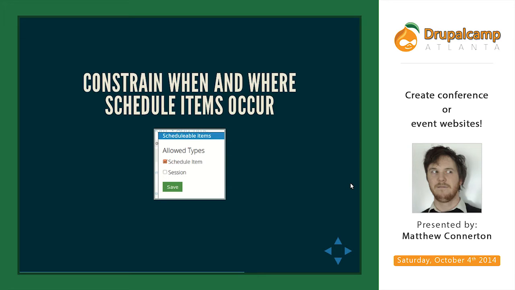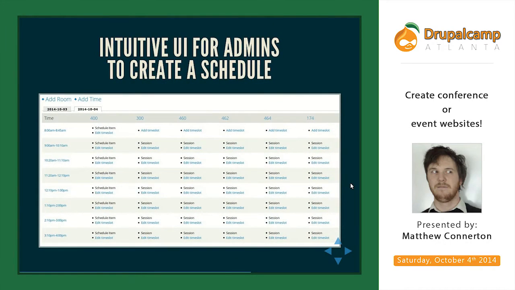At 8 a.m. in the lobby, only schedule items are allowed in this time slot. It does help, even if you're not using BOFs, if you have a lot of rooms and time slots, to do this for all of them anyway, to clean up the editing screen for when you're actually scheduling your items. So there's not so many.